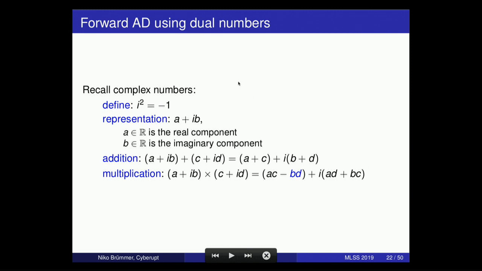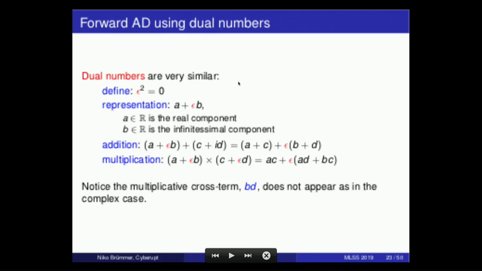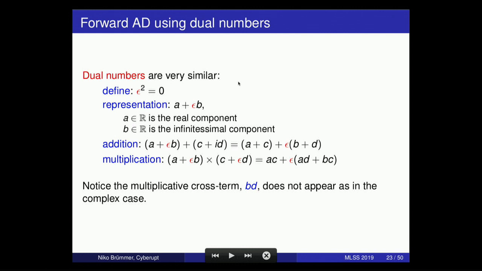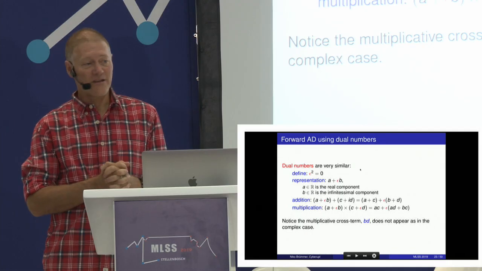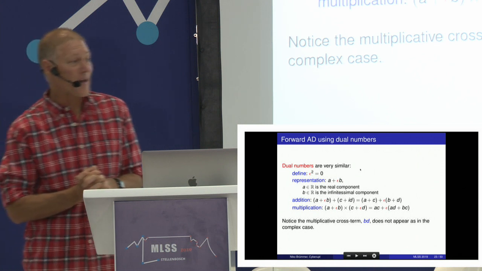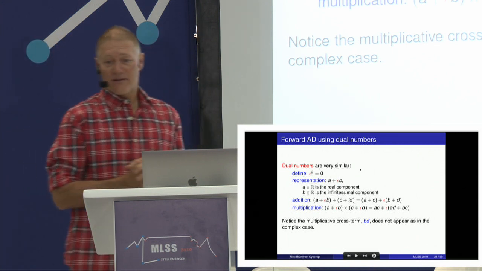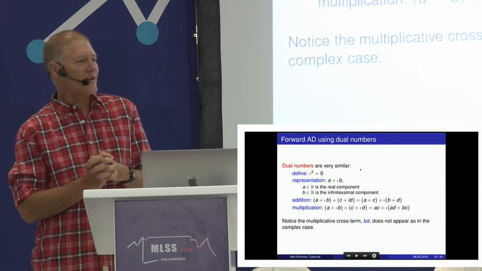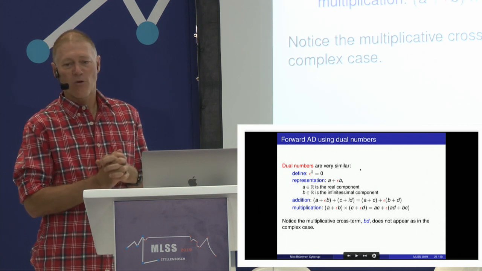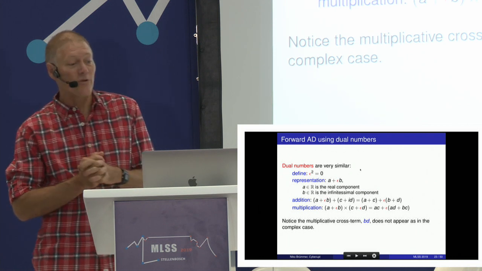So dual numbers are very similar to complex numbers. It also has two components, but now instead of an i, we're using an epsilon. And this epsilon, you can imagine it as being a really, really small number, an infinitesimally small number.